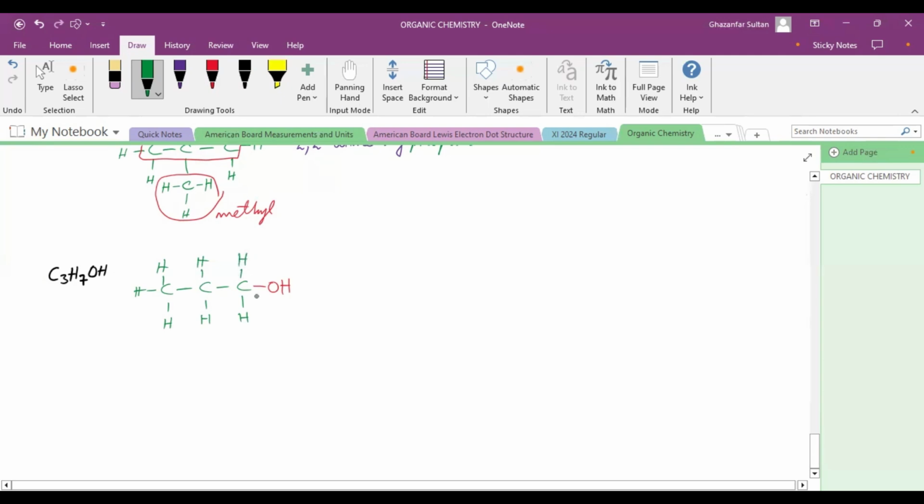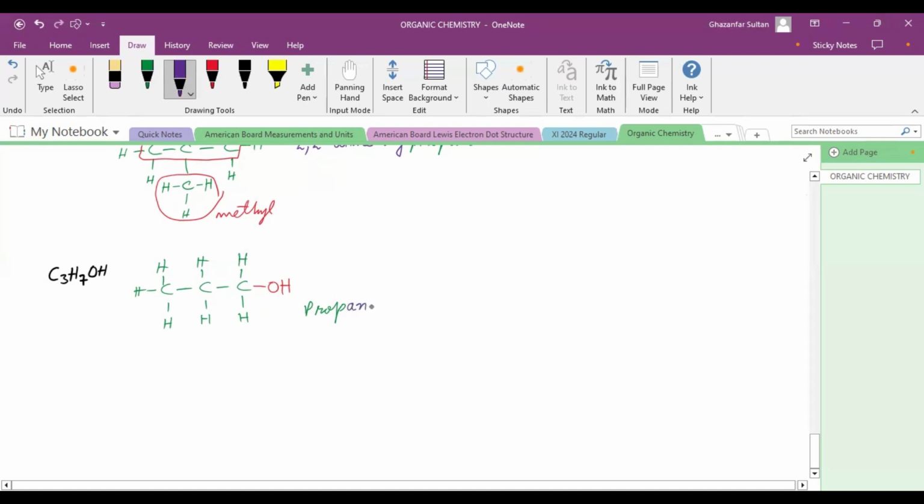Okay, so now its name. First, the basic chain. The basic chain contains 3 carbon atoms, so it is prop. And because all the carbon-carbon bonds are single bonds, it is propan.